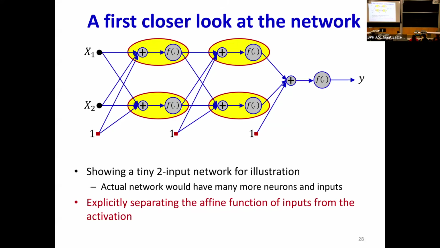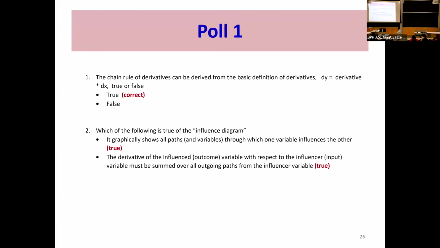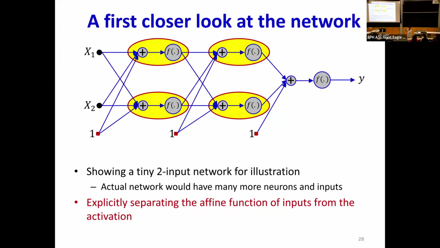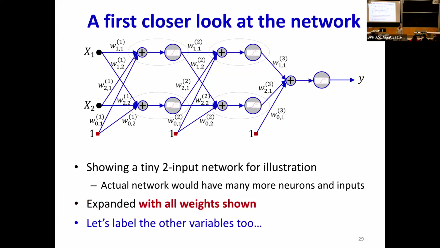Now, within each neuron, remember that there are two operations happening. The first operation is that we compute an affine function of all of the inputs. So you compute an affine value. And then the second operation is that we apply an activation to these affine values. That's what happened inside each perceptron. So if I write down all of the variables using the notation we had earlier, here are all the weights.